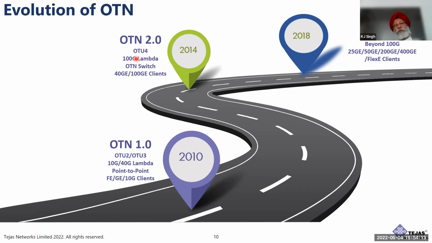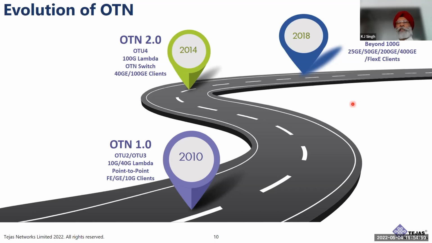Then later on, 100 gig lambdas and OTU4, essentially a 100 gig payload unit, got introduced. And beyond that, over the last few years, people have been working on improving the kind of OTN structures that are required to carry 100 gig and N of 100 gig flexible OTNs, all essentially aligned to the WDM kind of infrastructure.